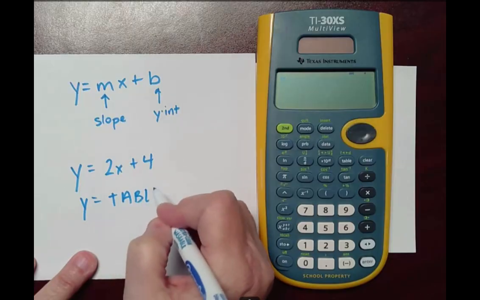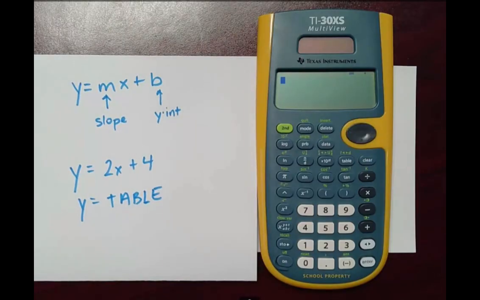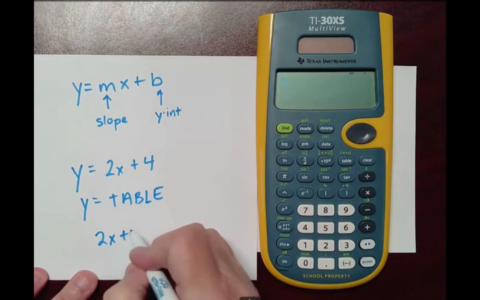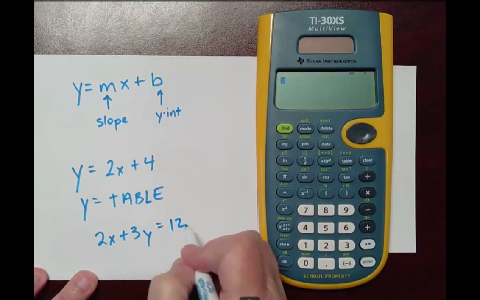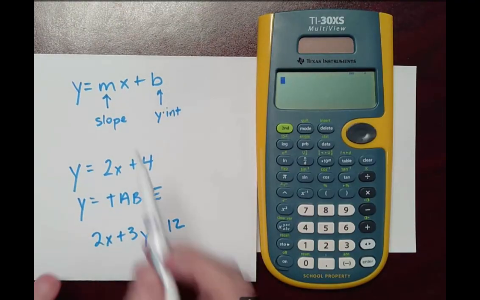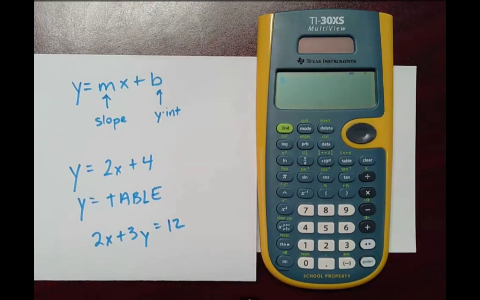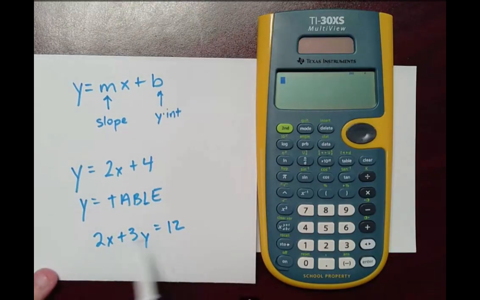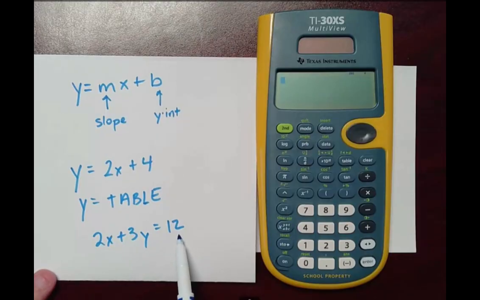I can use my table button for that question. If it's not in y equals format, if it says 2x plus 3y equals 12, that's not in this y equals mx plus b slope-intercept format. So I'm not going to be able to use my table button with the equation written like this.